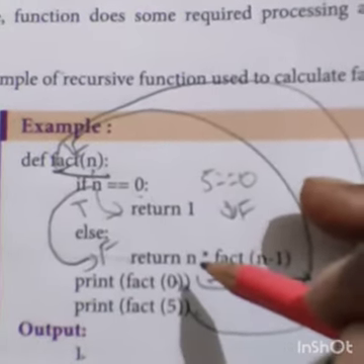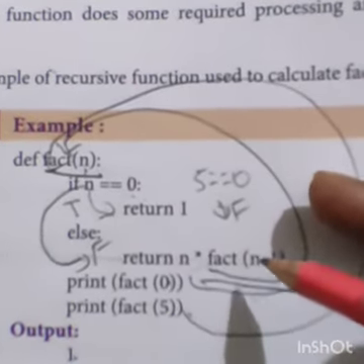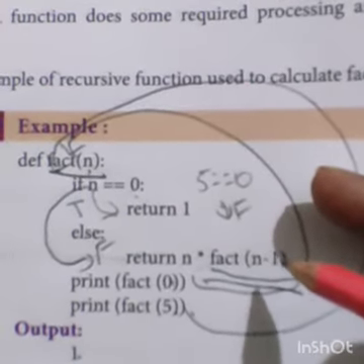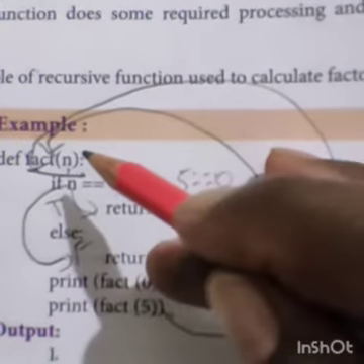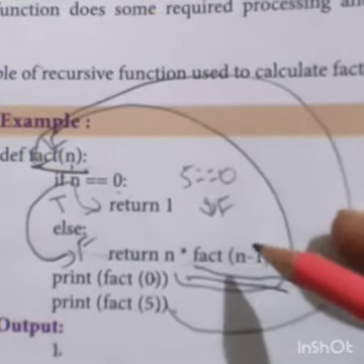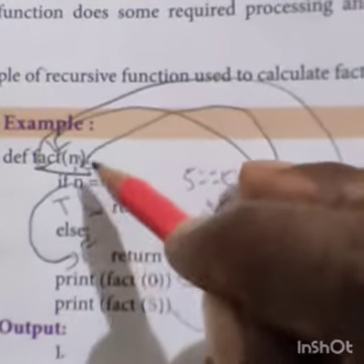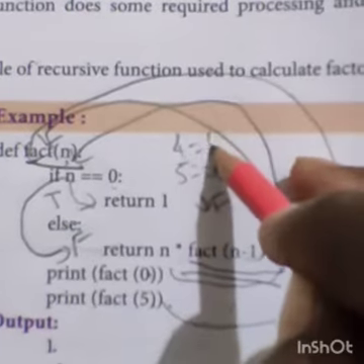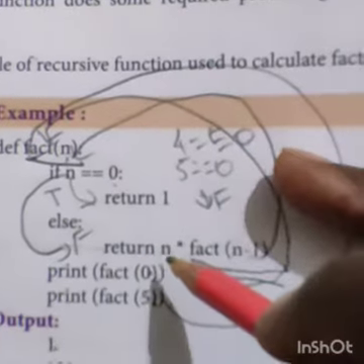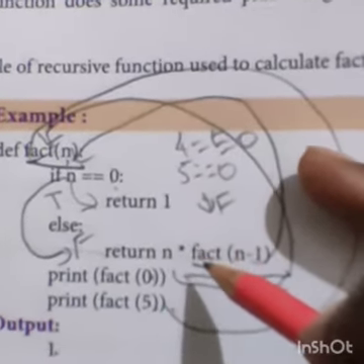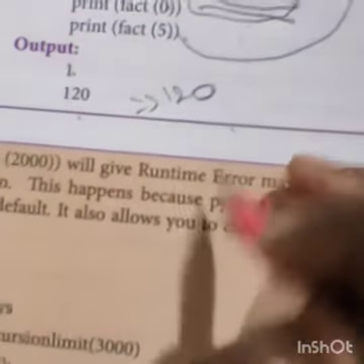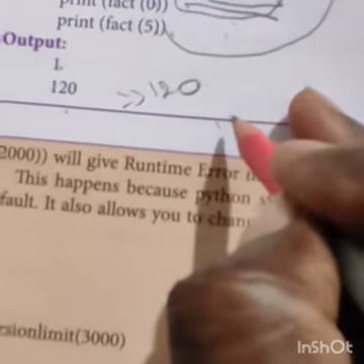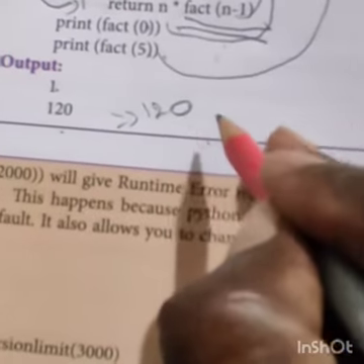The value of n is 5, so 5 asterisk fact of 5 minus 1. 5 minus 1 means 4, fact of 4, and you go there. Again, is 4 equal to 0? The condition is false, so again it goes to the else part with 4 into fact of 3, and you keep going like that. So what will the last value be? 120 will come. At each and every stage you multiply.